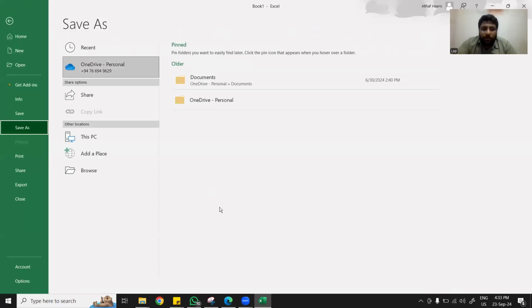Trial balance at last we'll do. Okay, Yunus, we'll do it at the last.